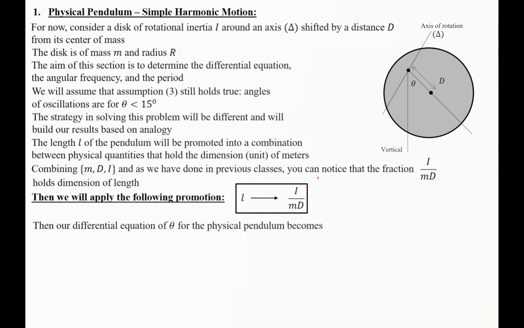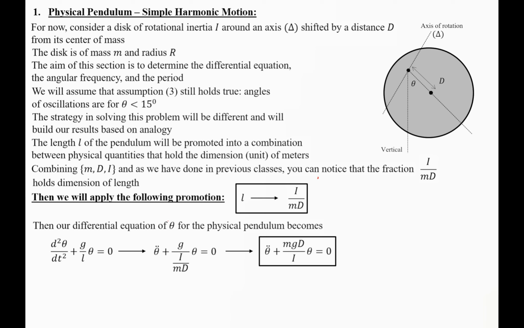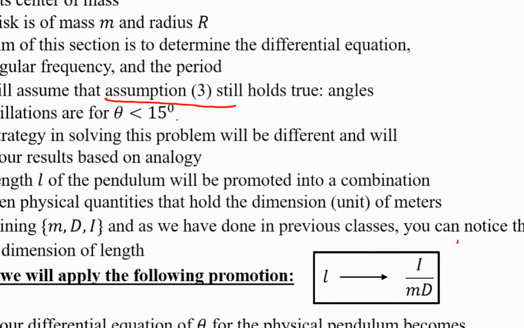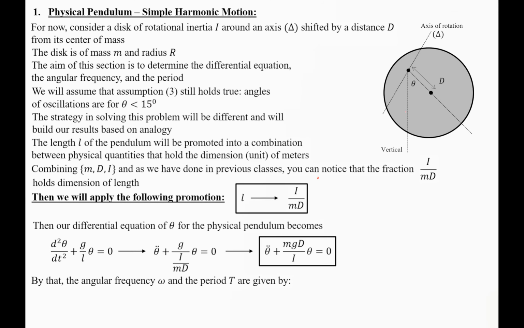Then our differential equation of theta for the physical pendulum becomes, instead of this, it will become that. And now we can do the arrangement, and the final version would be theta double dot plus mgd divided by I theta equals 0. So here we didn't apply Newton's second law, we just derived the differential equation for a physical pendulum, knowing that assumption 3 still holds, and we know that it will perform simple harmonic motion.